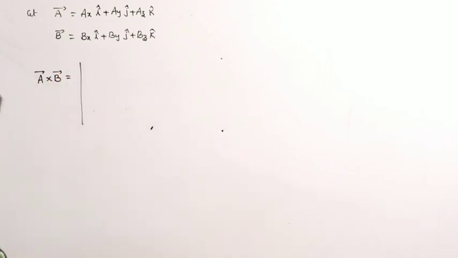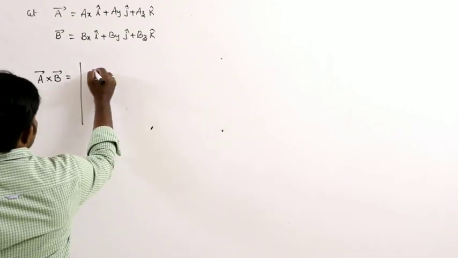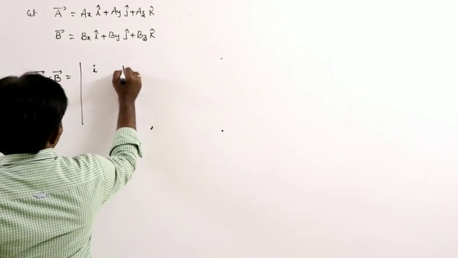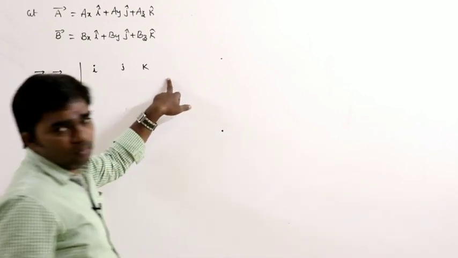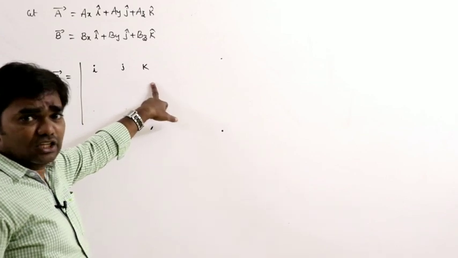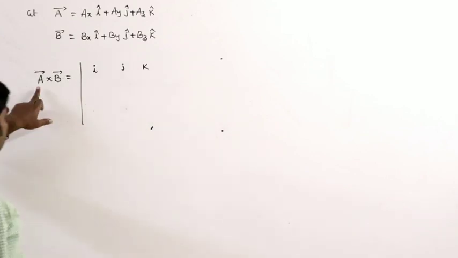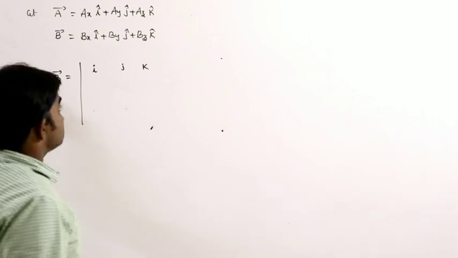For this, it is the matrix model. So determinant. In the first row we have to write I, J, K. This is called a row. Next row, what are the components? What is the first vector here? A bar is the first vector.